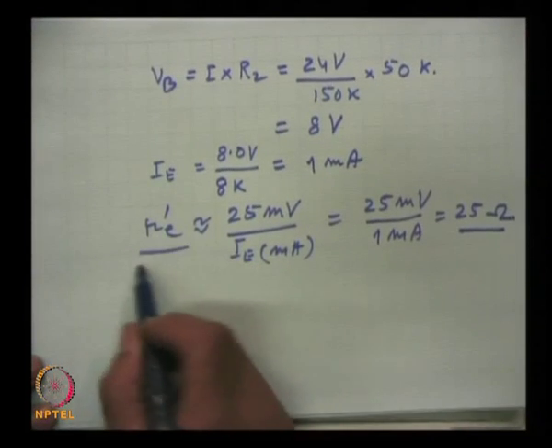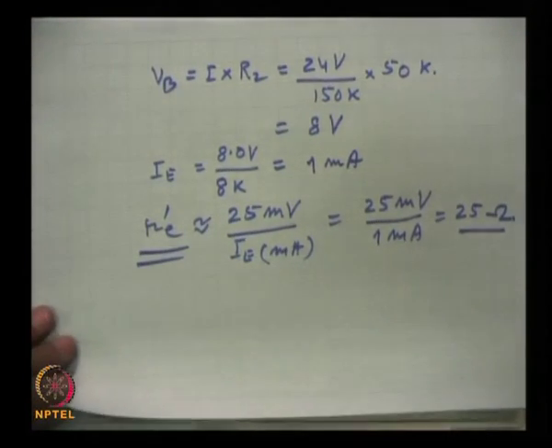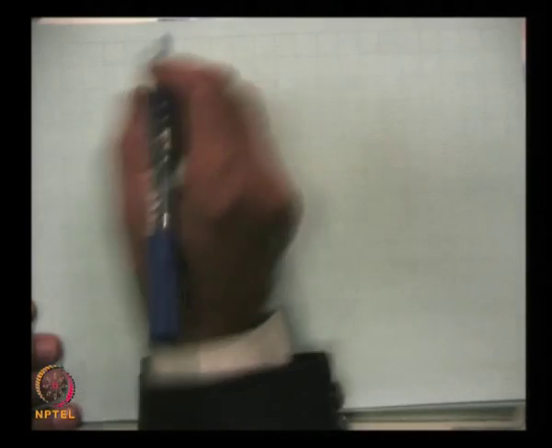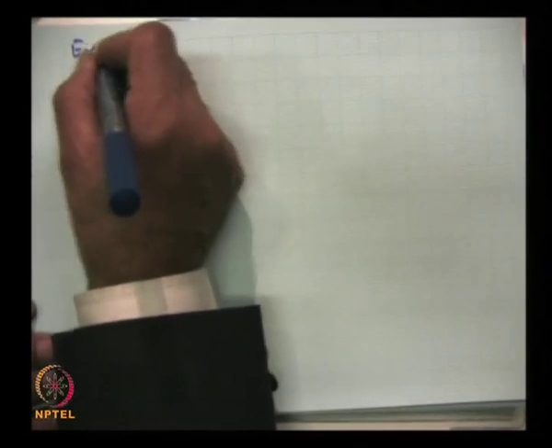So, this is the calculation of the emitter dynamic resistance. Now, let us take one more example to illustrate the implication of bypassing the emitter resistance. Let us consider this as example 2.